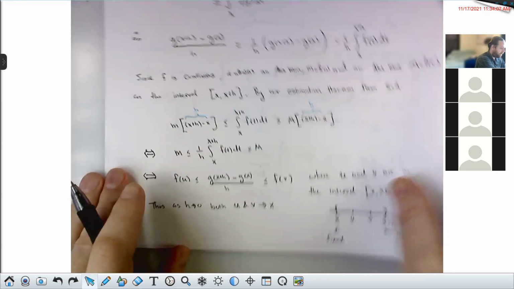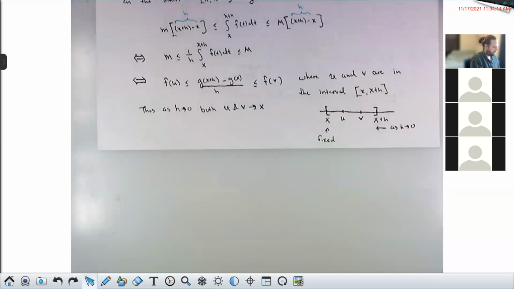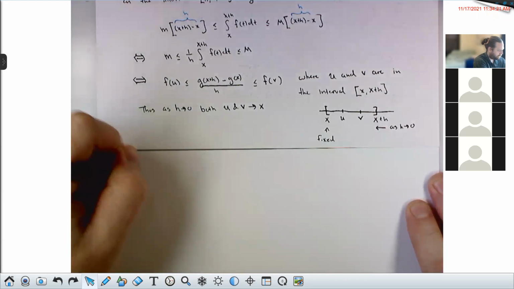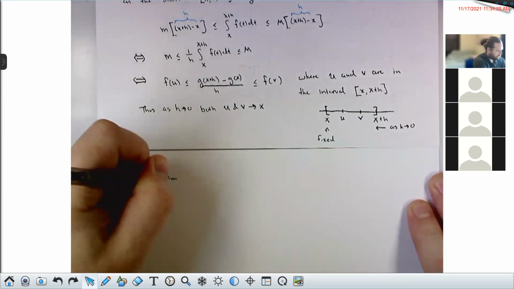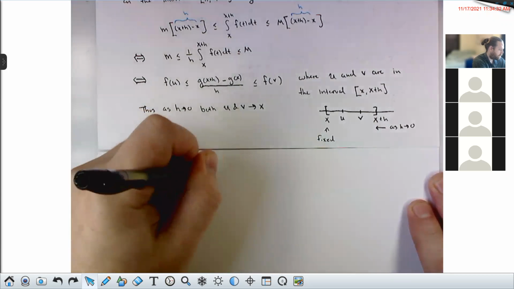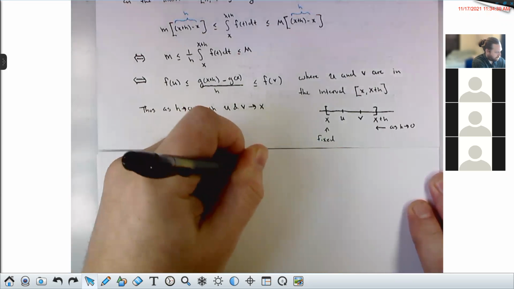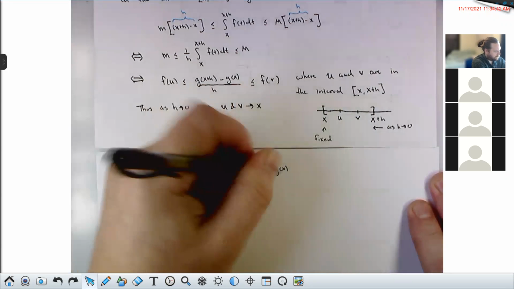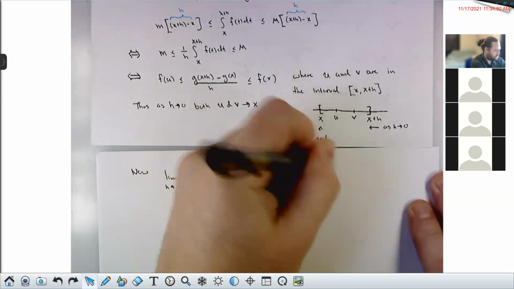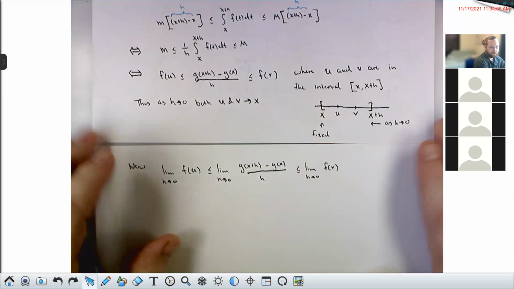So if I take limits everywhere in this expression using the squeeze theorem, I get a couple things.